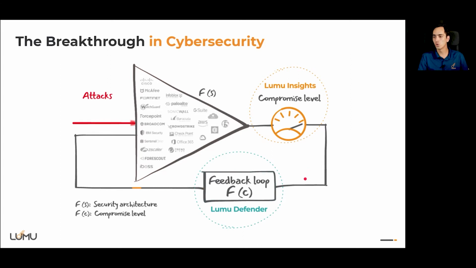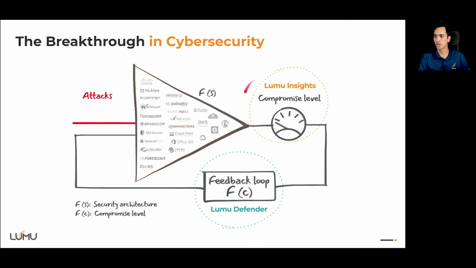And what we do with that information is, of course, the organization gets that compromise level right away, but we also close what we call the feedback loop. We take that compromise level, which contains very detailed information about the incidents, for example, and indicators of compromise, and we push that information into the cybersecurity stack the organization has. So we push that back to them so they can, or we can, adjust the policies and take action immediately.